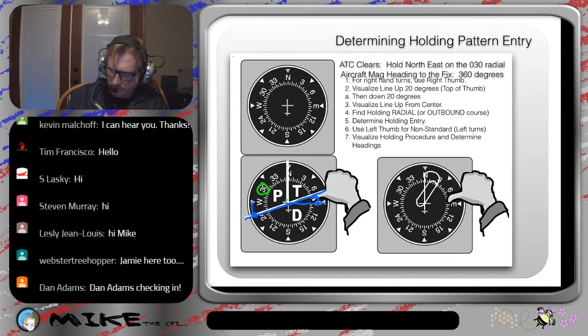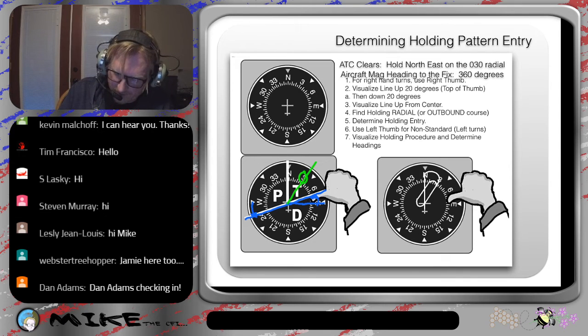One more here. We've done direct and parallel. I wonder which one we'll do now. Well, anyway, if we're told to hold northeast on the 030 radial, then we identify the 030 radial and see what piece of the pie it's in. It's in the smaller piece of the pie, so that tells us it's going to be a teardrop entry. To know what heading we're going to fly, we want to get that 30-degree offset angle.